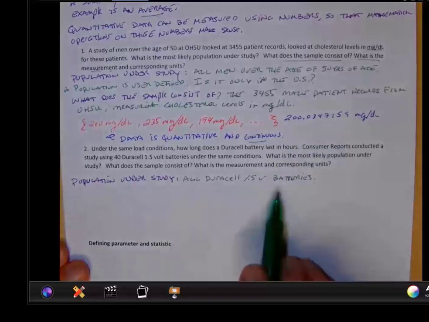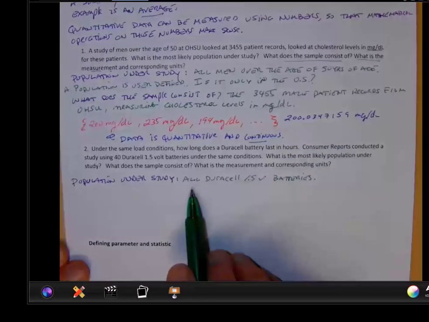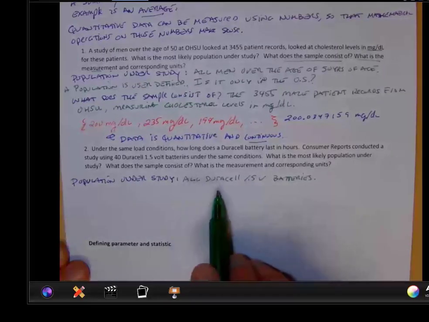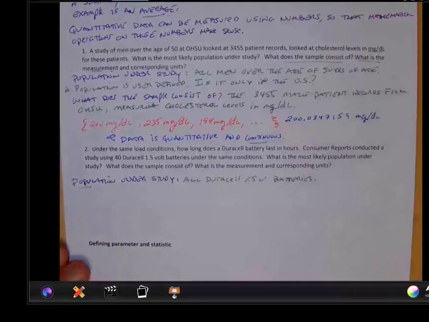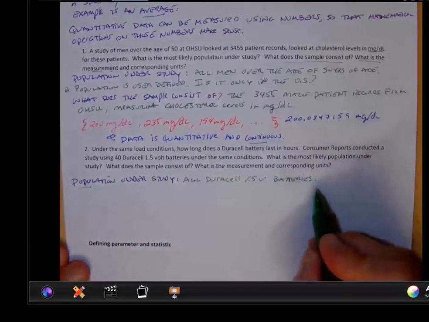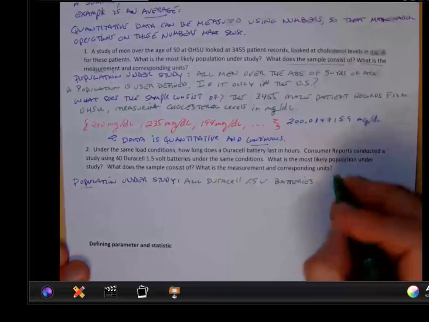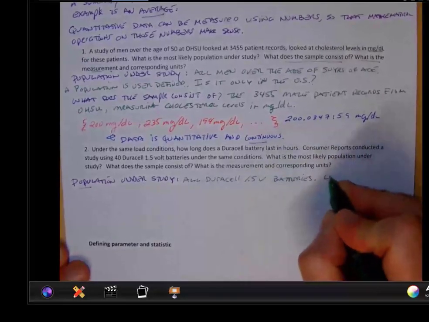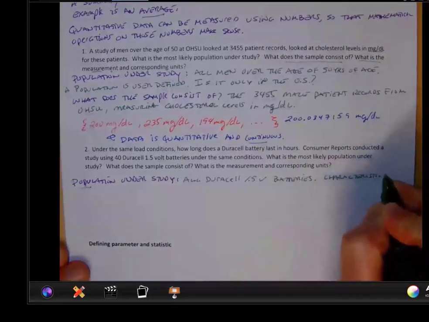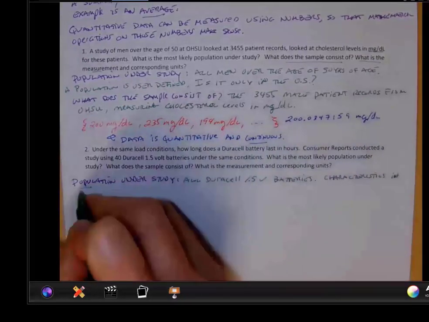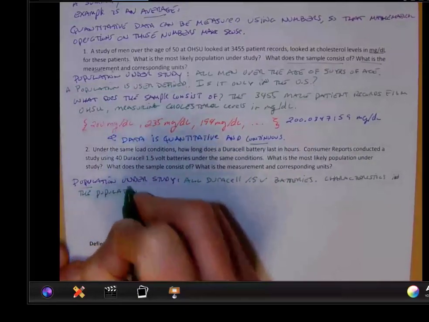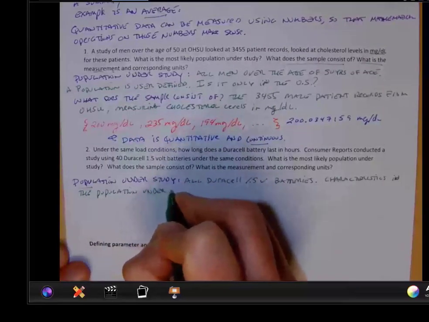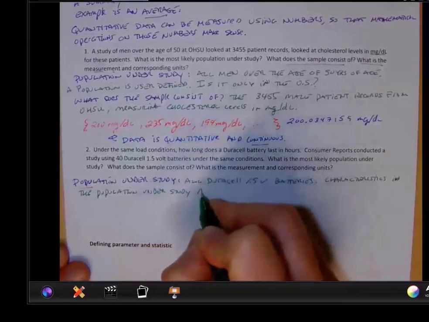Now, just to get a little more precise, this could be batteries that haven't even been produced yet, right? And also batteries that have been produced. Sometimes when we're considering a population under study, there's a lot that we're considering. And one of the things we're considering is that the characteristics in the population under study are fixed.